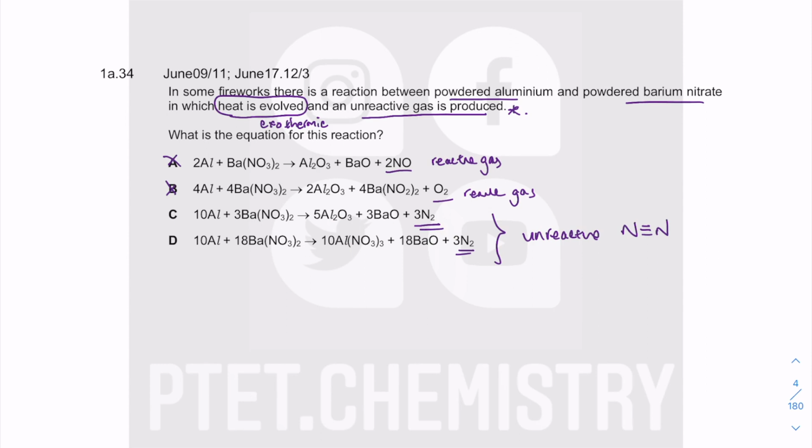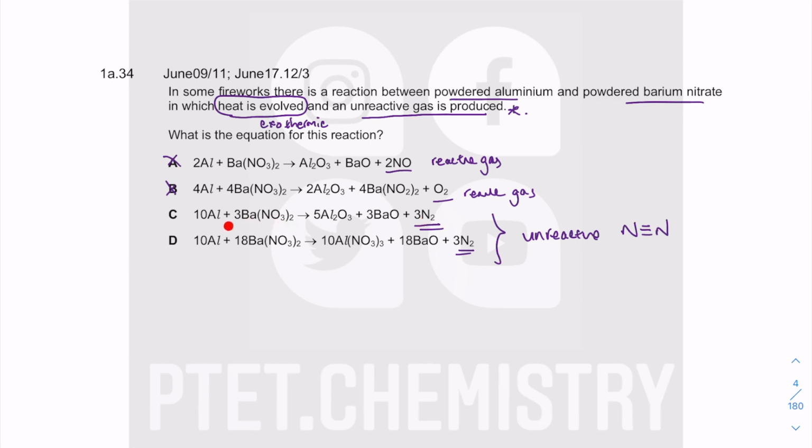So if I'm looking at it, is it really a balancing equation? Maybe it is. Let me see if the equations are balanced first. 10 aluminium, 10 aluminium, 3 barium, 3 barium, 2 nitrogen times 3 is 6 nitrogen, 6 nitrogen.